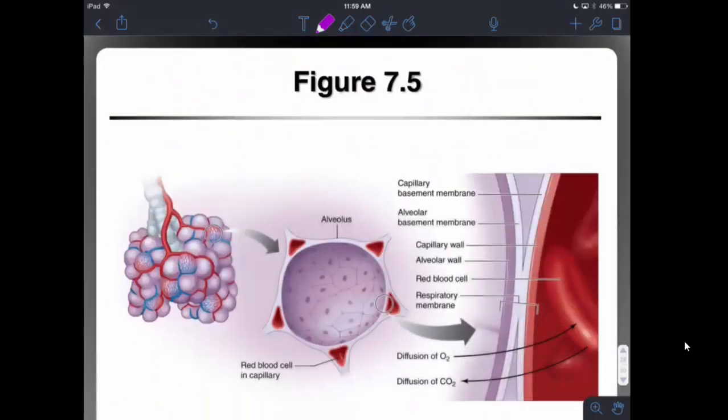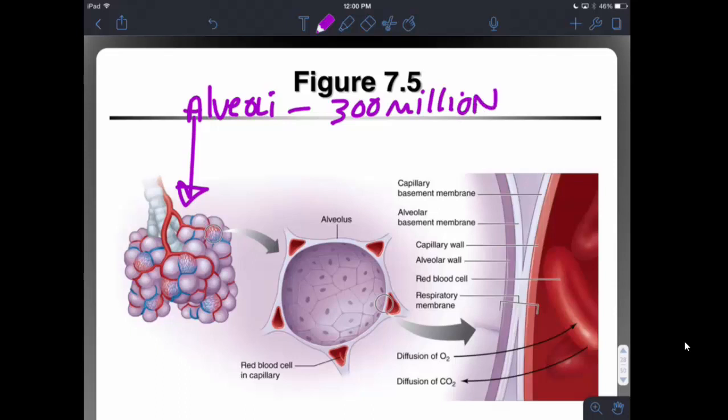All right. So if you look at the anatomy, here at the end of your bronchioles we have air sacs called alveoli. Okay, and there are approximately 300 million alveoli in a human's lungs, so they're very, very tiny little air sacs filled with air.